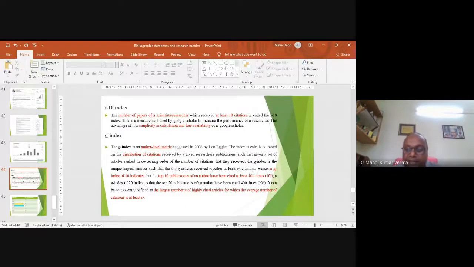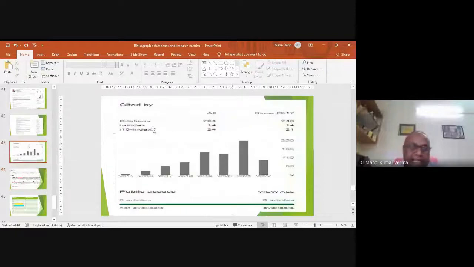Suppose my top 5 papers received 25, the value will be a square. As I mentioned, my H index is 14, meaning my 14 papers have a minimum of 14 citations. I10 index means my 24 papers have at least 10 citations.